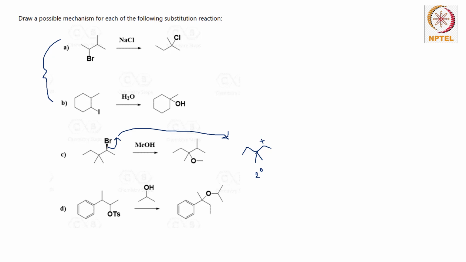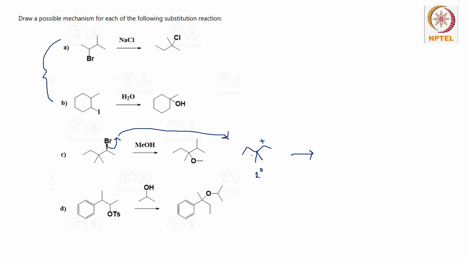Now it can shift, there are 3 groups, 2 methyl and 1 ethyl. The shifting will always happen from the adjacent carbon. This carbon adjacent to the carbocation carbon has 3 groups: one ethyl group and 2 methyl groups.